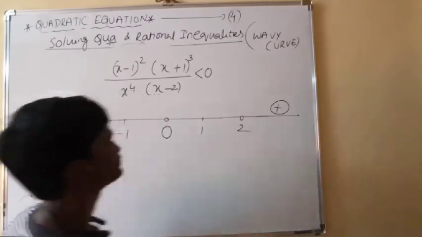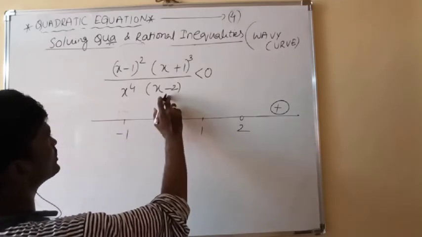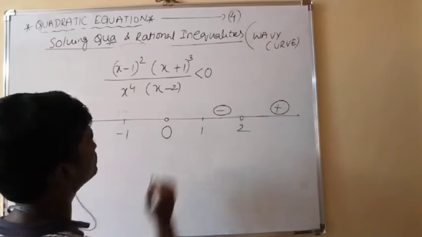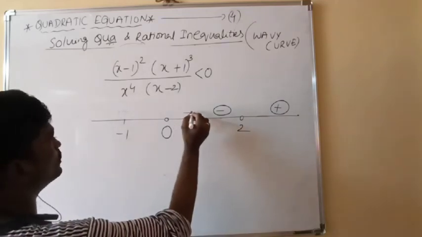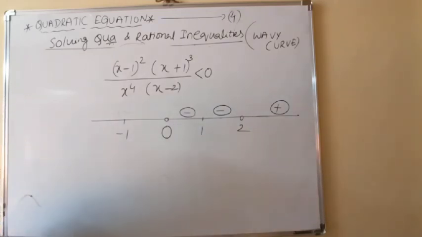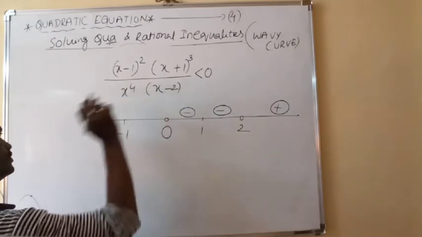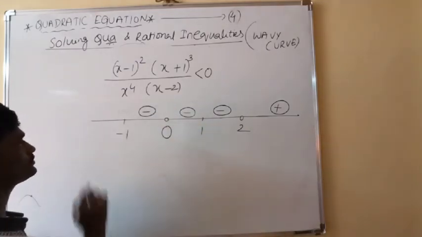Plus sign. So now, 2 is a root because of the (x minus 2) whole power. How much is there? 1, an odd number. So change the sign. 1 is a root because of the (x minus 1) whole power. An even number is there, no change, so minus will be as it is. 0 is a root because of the x power 4, an even number, so no change of sign.